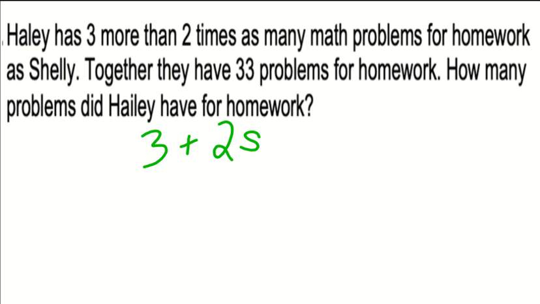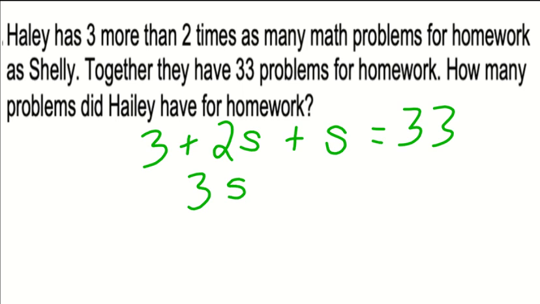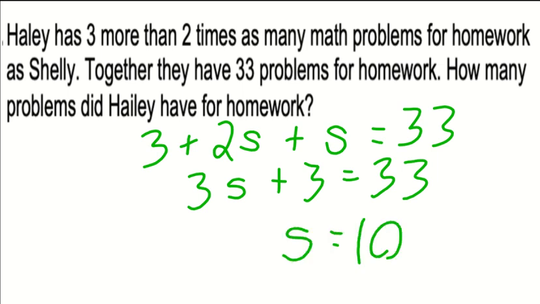So together means you would add on Shelly's. So if I add on S, it's going to equal 33. If I combine those, I've got 3 S's, 2S and 1S, plus 3 equals 33. Subtract 3, divide by 3.